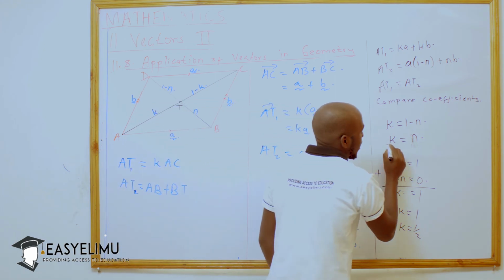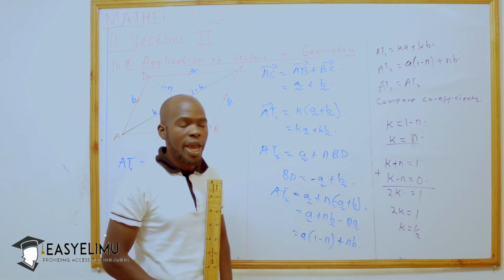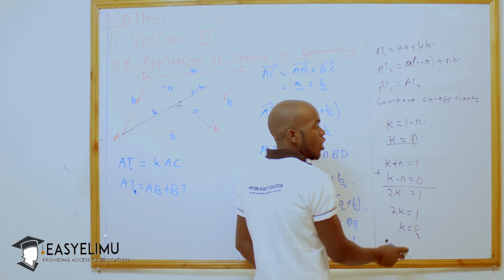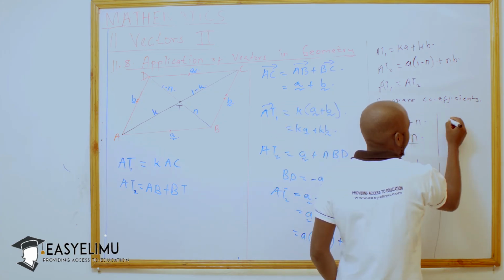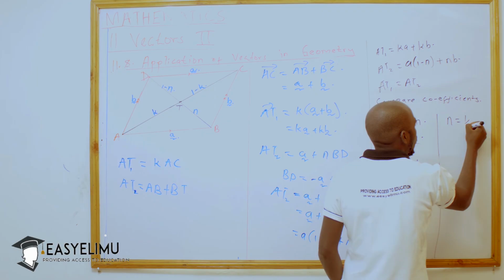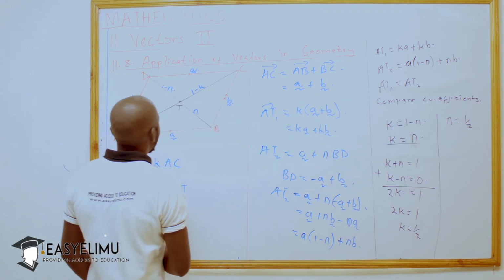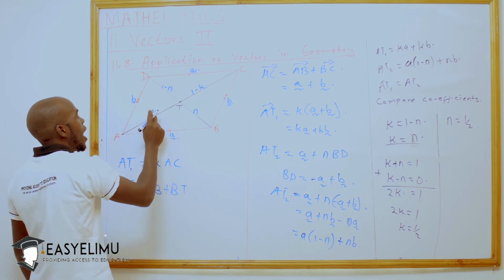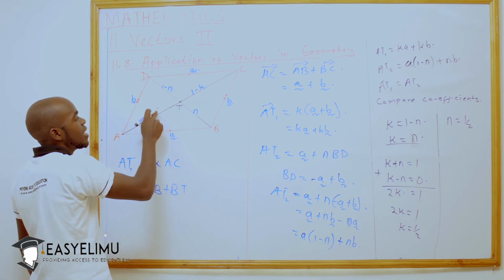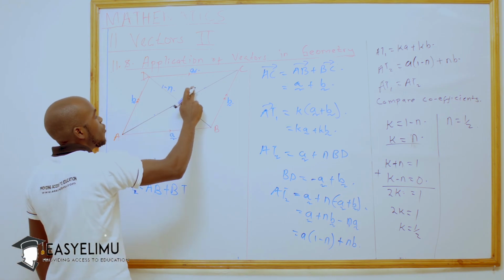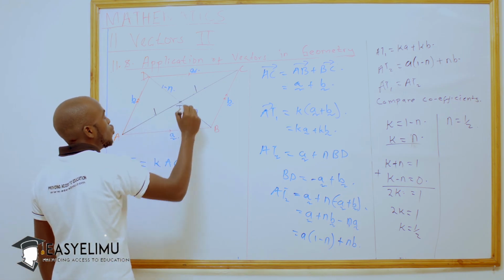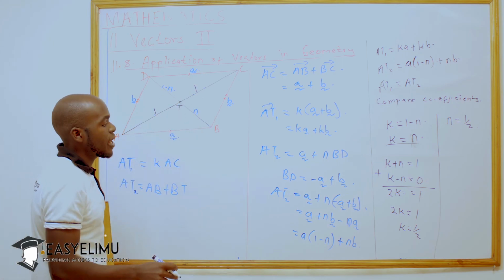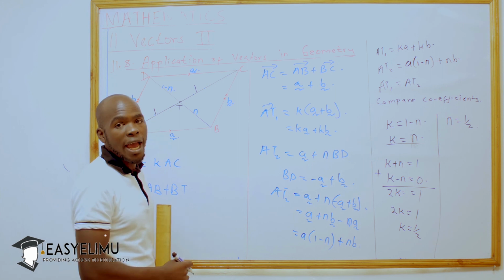But remember here we have said that K is equal to N. So if K is a half, then N is also a half. So in this case, if we replace, we find that K here is a half, so they are in the ratio of 1 to 1, because the whole line is 2, and if this one is 1, the denominator implies that the whole line should be 2.